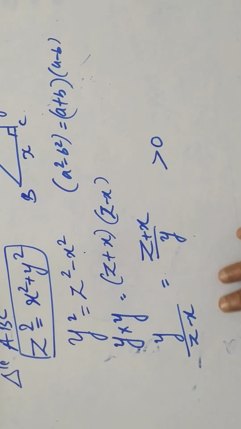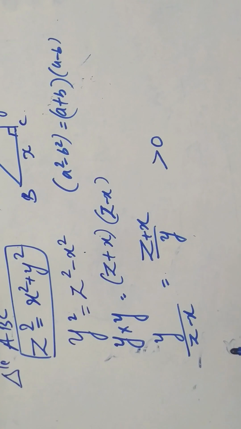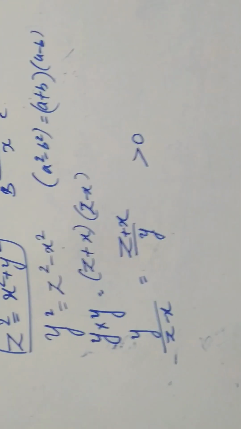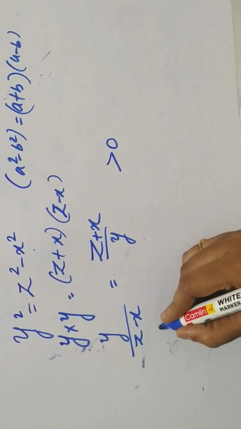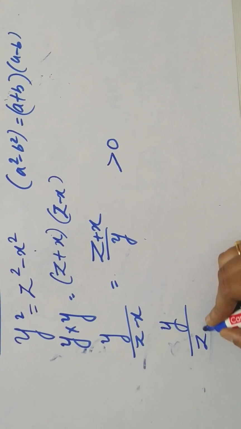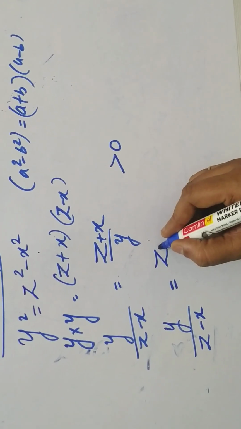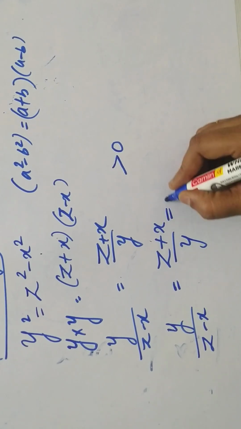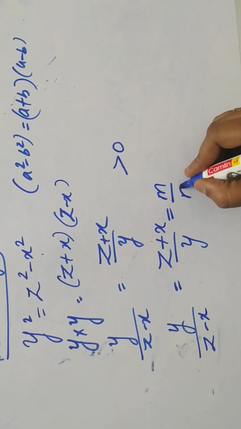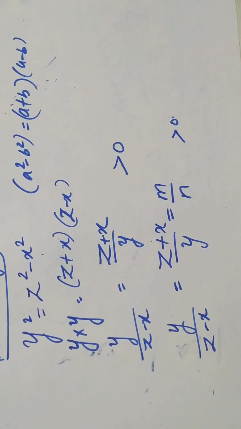Throughout this proof, the denominator terms will not be equal to 0. So next step, I can rewrite this as y by z minus x is equal to z plus x by y. Let this be equal to m by n. Same condition, the denominator should be greater than 0.